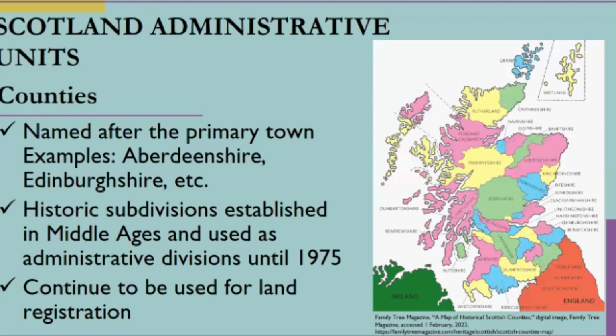Around 1975, Scotland redid their whole way they categorize documents. But before that time, you're still going to be utilizing these particular units. They do still use the counties for land registration, which makes it easier for them to pinpoint where the land is.